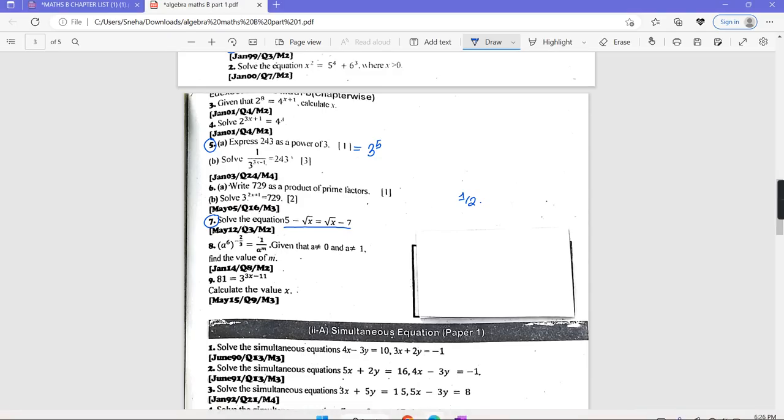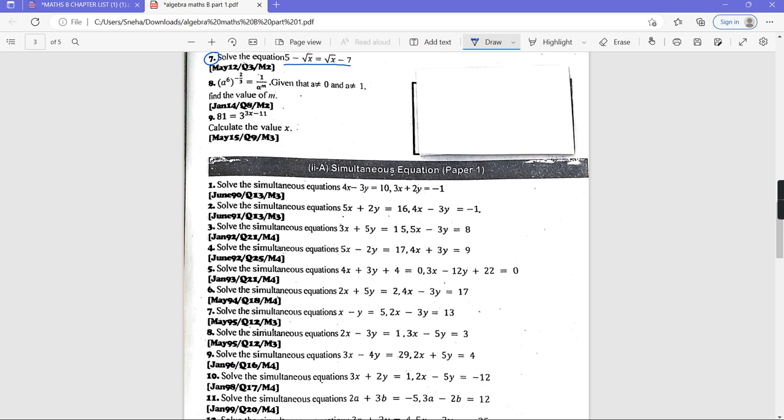So simultaneous equations look like this. You will be given two equations and then asked to calculate the value for x and y. So if you move to question number 2, you can see there are two equations.